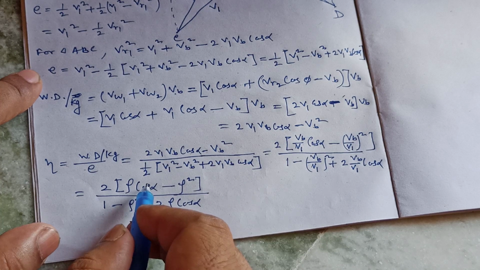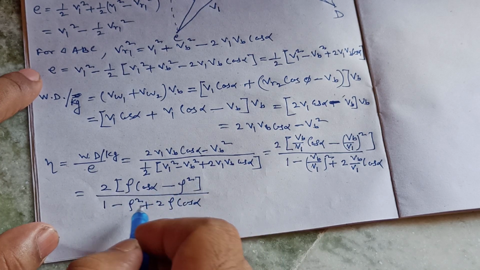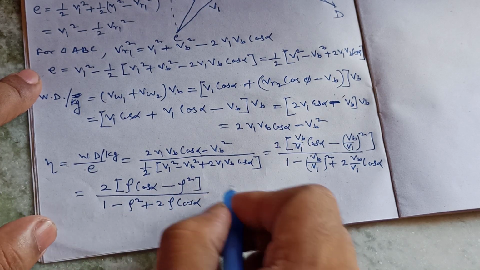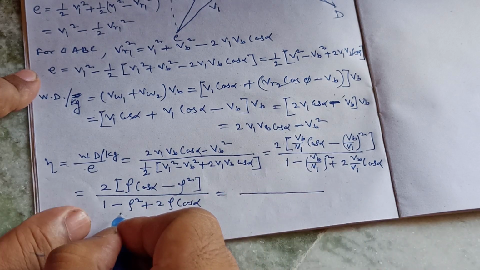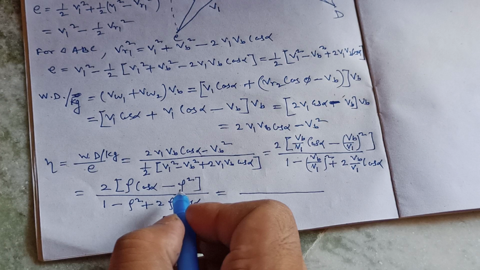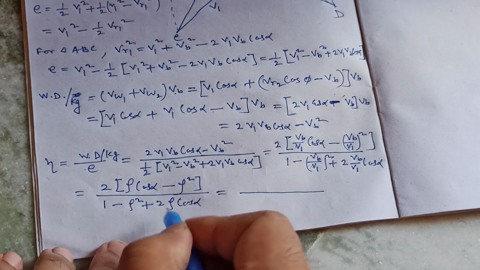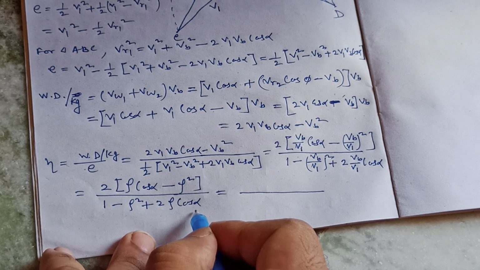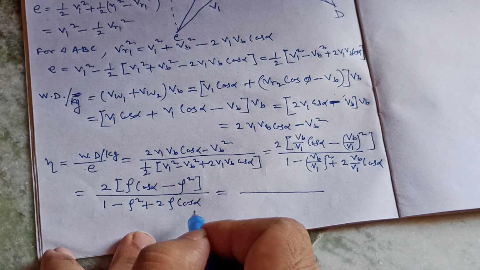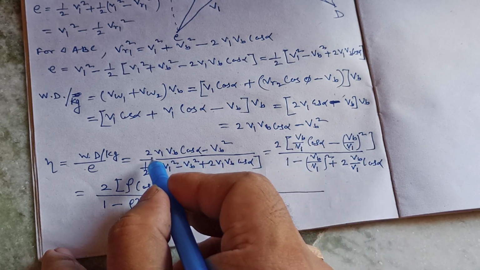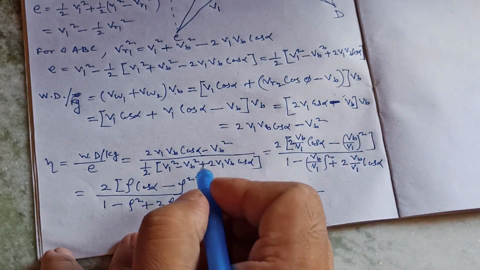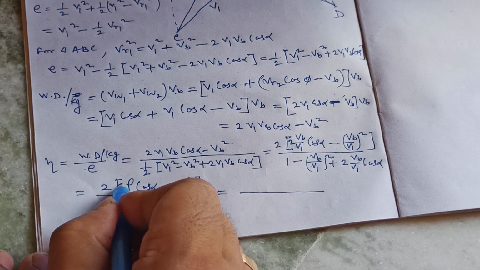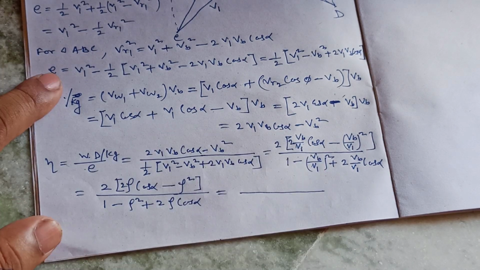Now to make both sides the same, we have to write it like this. You can see that 2 rho cos alpha is present here, and here there is a 2, so this will be 2 also.